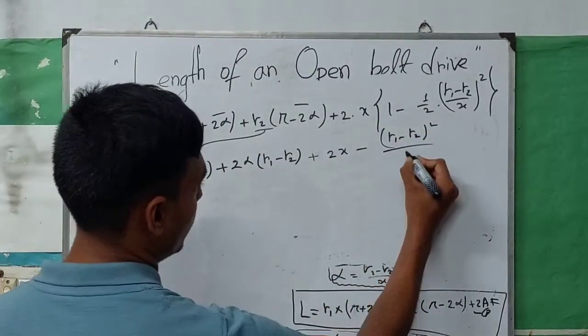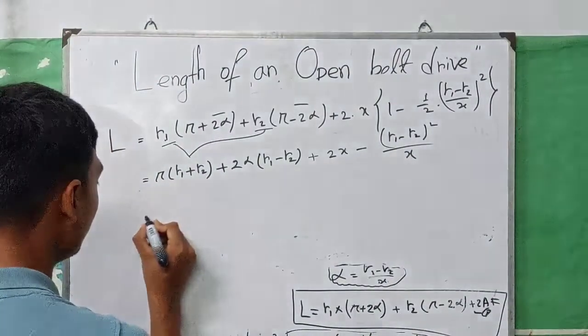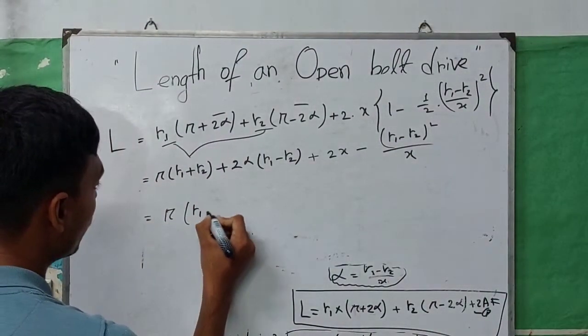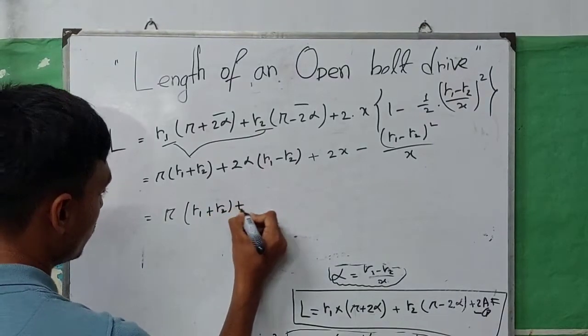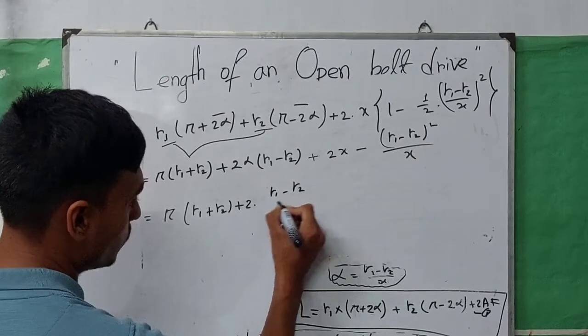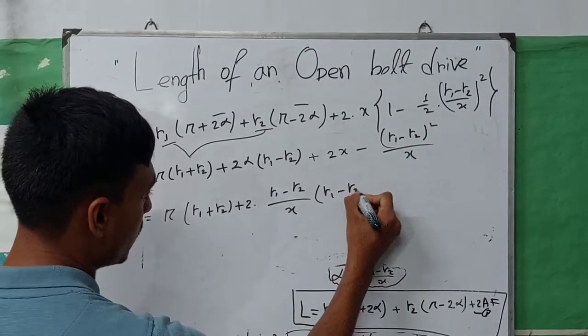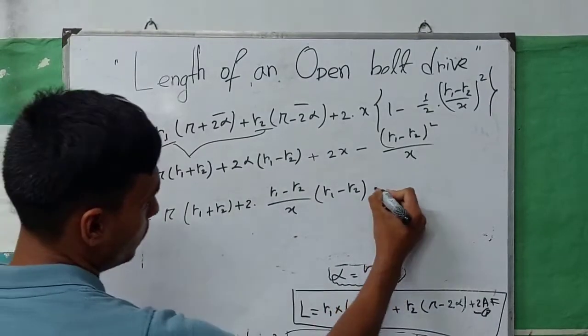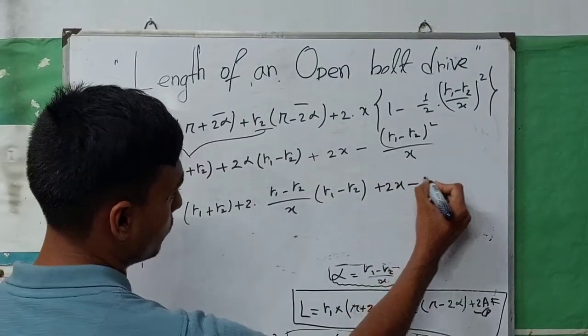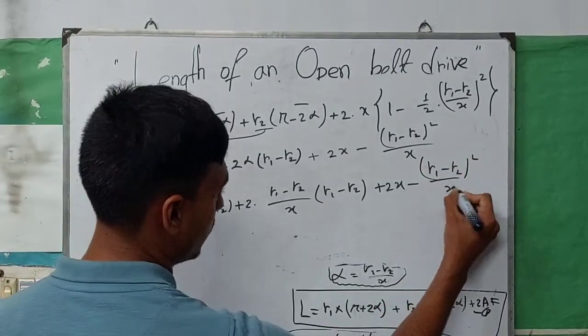And now we put the value of alpha here: pi (R1 plus R2) plus 2 alpha, where alpha is (R1 minus R2) by x, into (R1 minus R2), plus 2x minus (R1 minus R2) square by x.